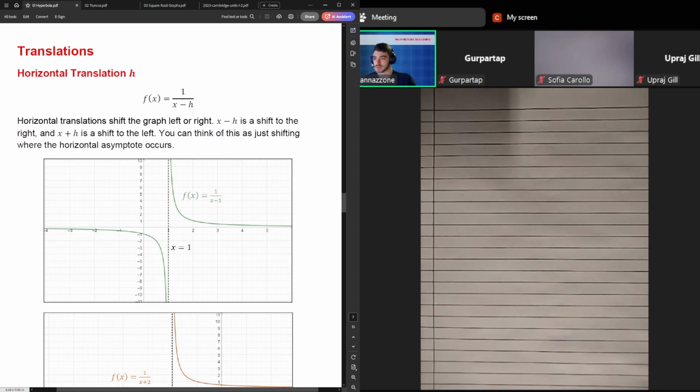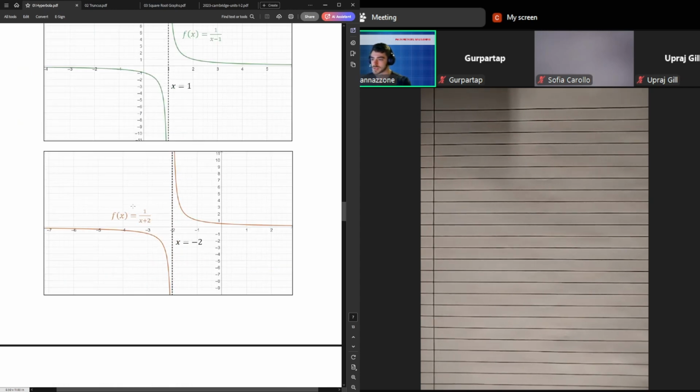Now, specifically, because we have asymptotes on this graph, what we find is that our horizontal translation term is going to set your vertical asymptote, whatever that happens to be. So when you're shifting right by 1, x equals 1 now becomes your new vertical asymptote. Shifting left by 2, x equals negative 2 is now going to become your new vertical asymptote.